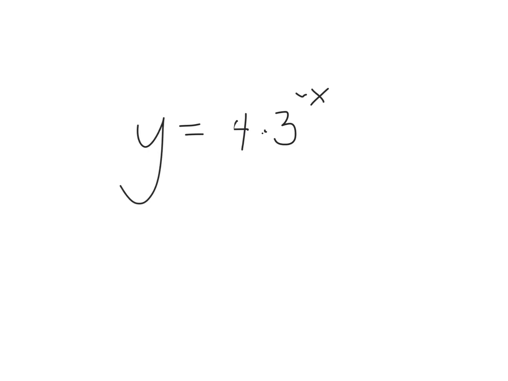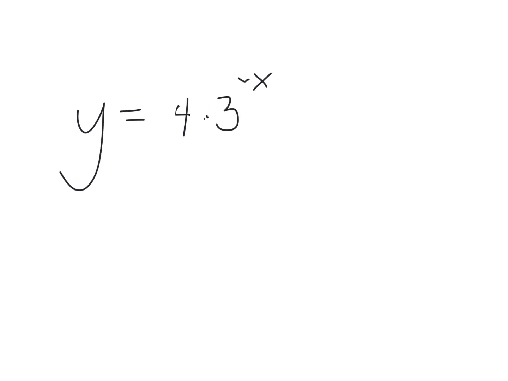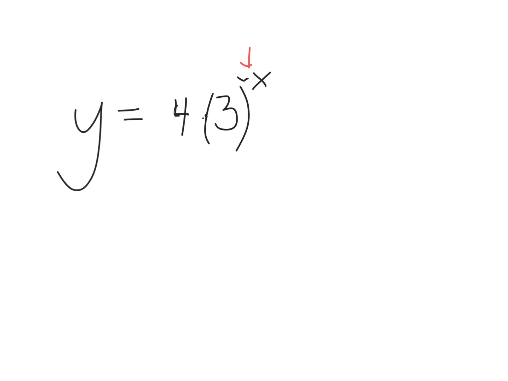Now I want you to just ponder it for a second and think to yourself, what is that negative in the exponent going to do to my base? Think this through. My first question for you is, once I deal with that negative, will this be growth or decay?